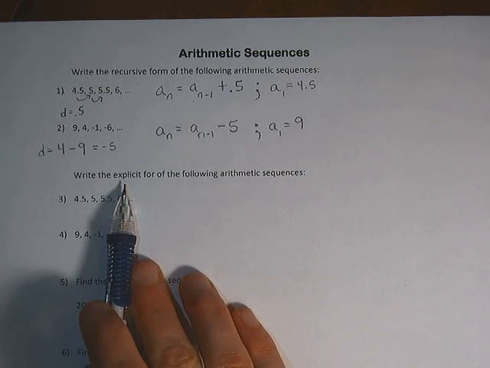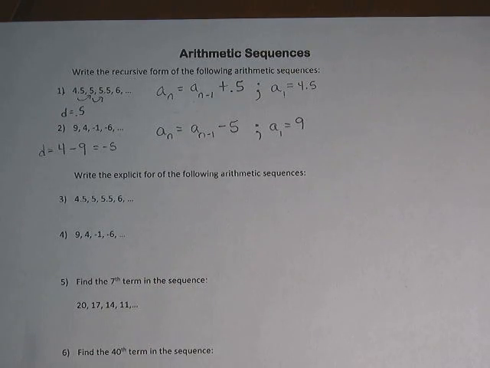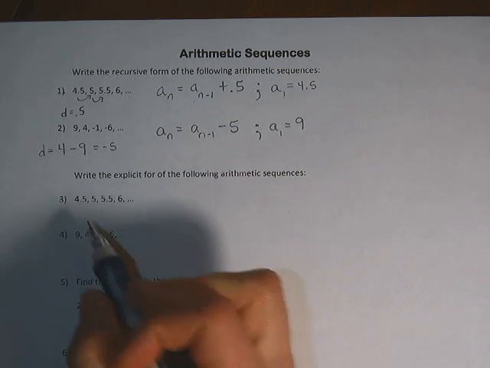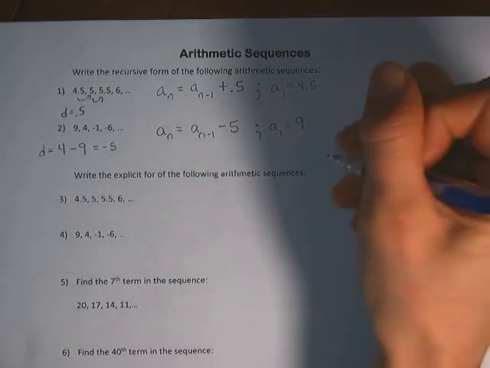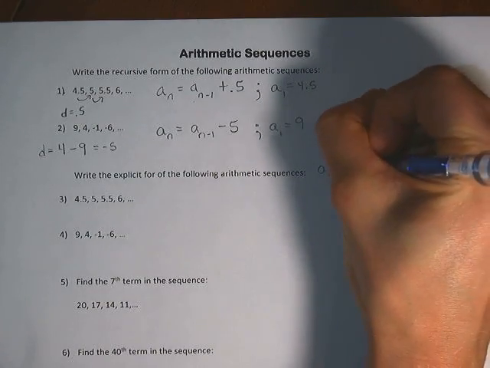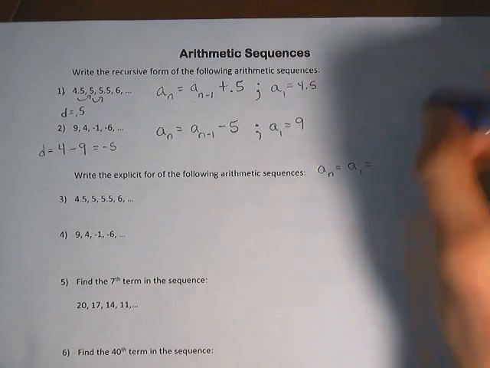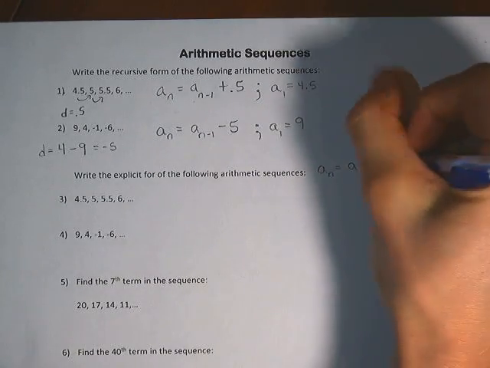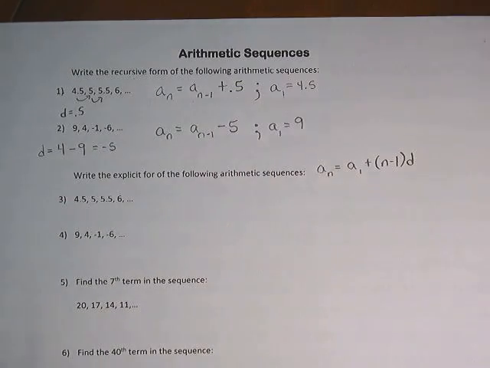To write the explicit form, there's actually kind of two ways that they accept answers usually with explicit form. So I'll show you both. For explicit form of an arithmetic sequence, you've got to remember the formula, and that's the reason why they give it to you. The explicit form is a sub n equals a sub 1 plus n minus 1 times your common difference.